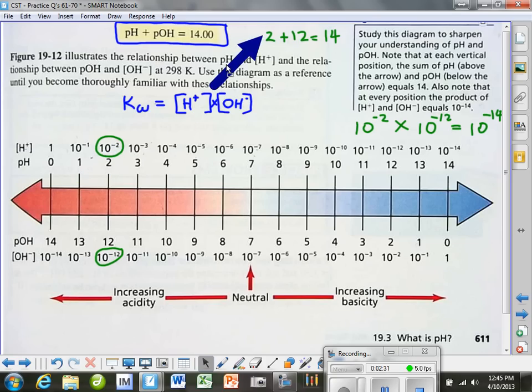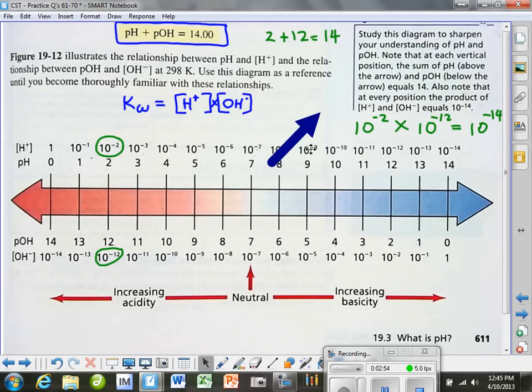That's why pHs are always going to come out positive, almost without exception. Once in a while you get a negative pH, but that's very, very rare, and you're unlikely to run into them in the CSTs.